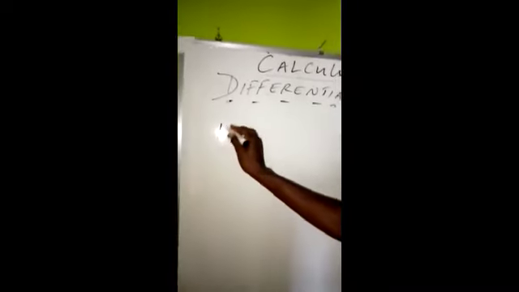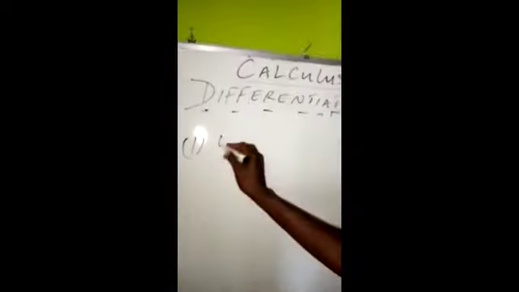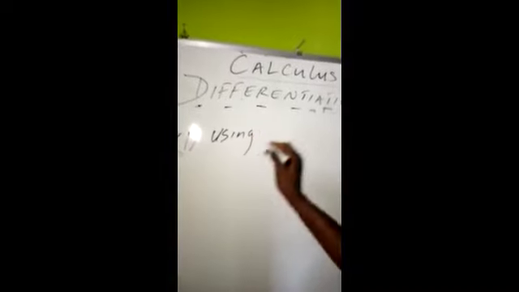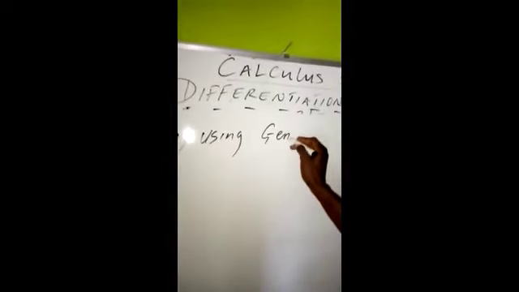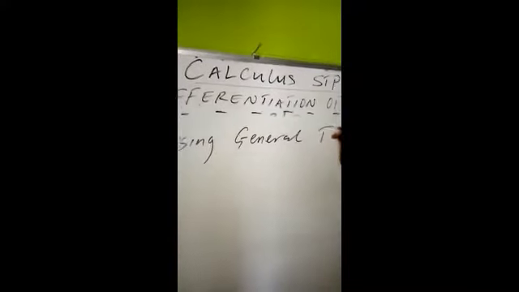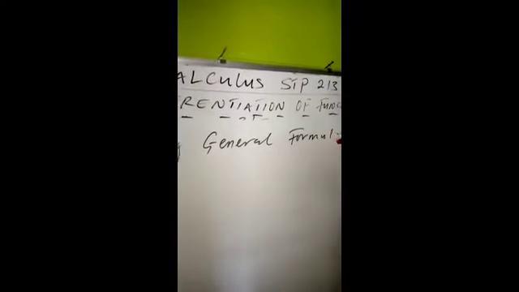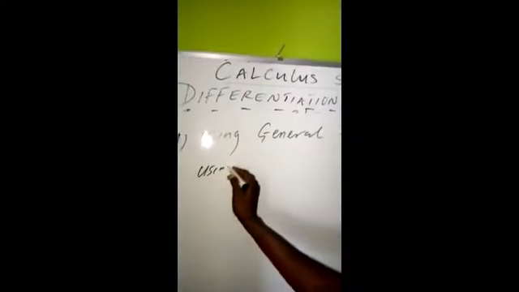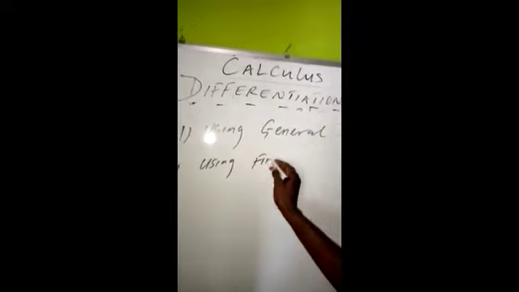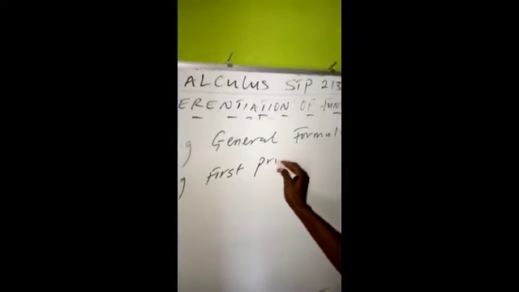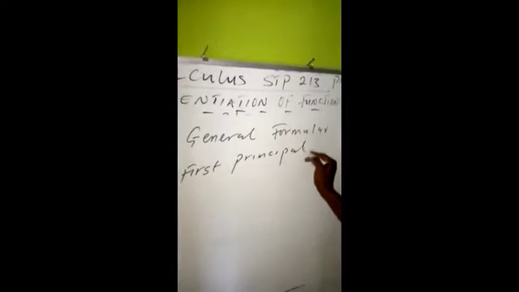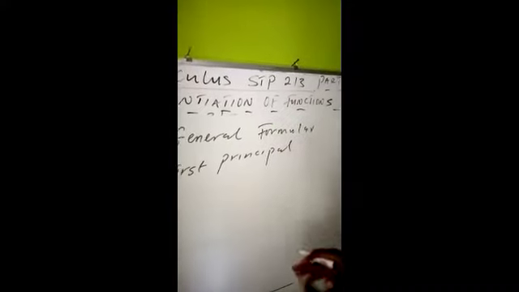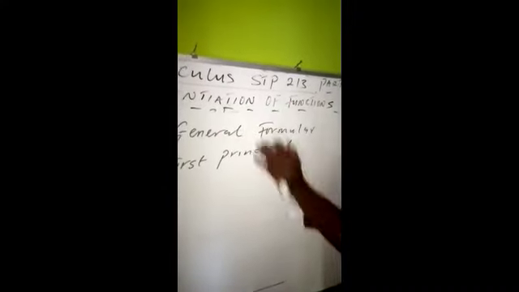The first one is using the general formula. The second one is using first principle. That is another way you can use differentiation.